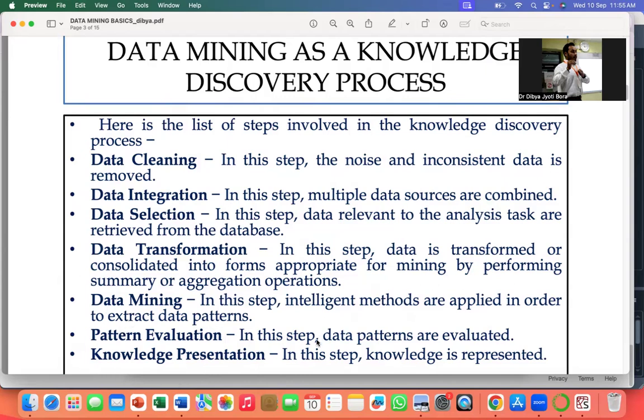Whatever patterns we have got from data mining, we will evaluate them in this stage. Then we have knowledge presentation. Here, the knowledge, meaning the patterns we have got, will be represented in a proper form so that outside users also understand the inner details of this data.